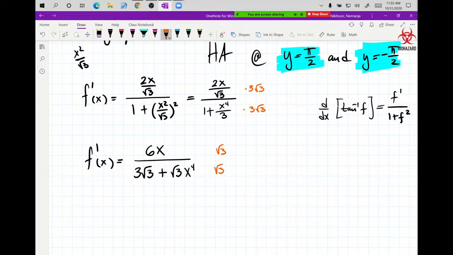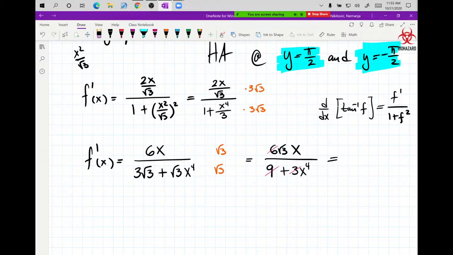Multiply by root 3 over root 3, called rationalizing. And get 6 root 3x on top. And on the bottom, I have 3 times root 3, that's 3 times this one is 9. Plus, and then root 3 times the 3x to the 4th. And now I can see that I can reduce everywhere by 3, which means that this was a mistake over here.